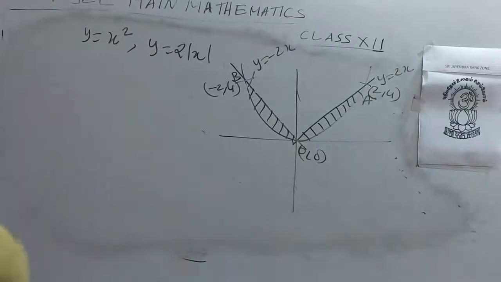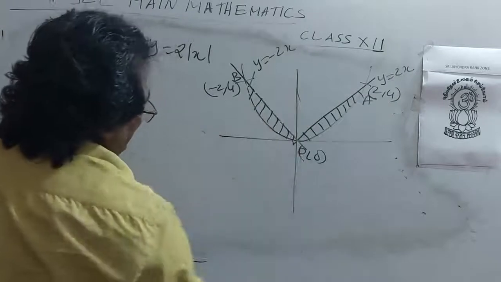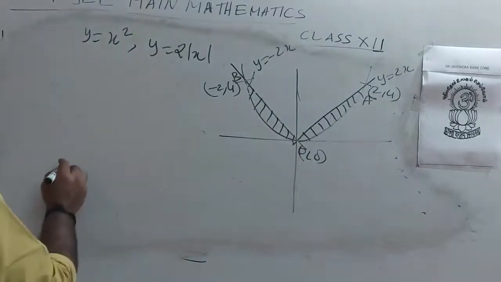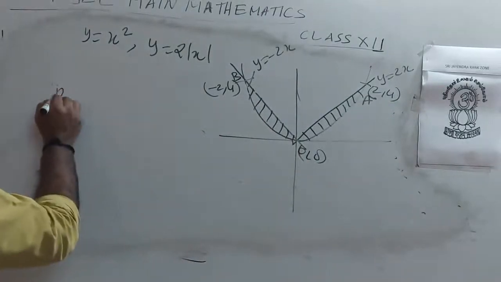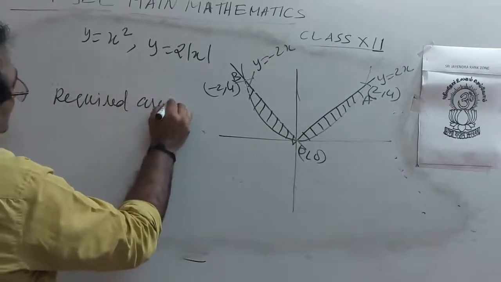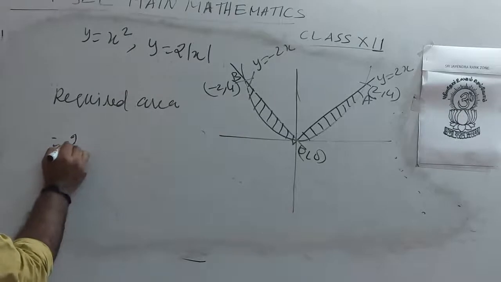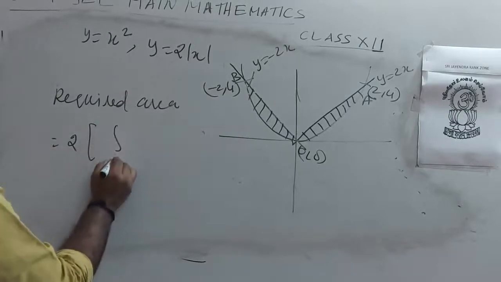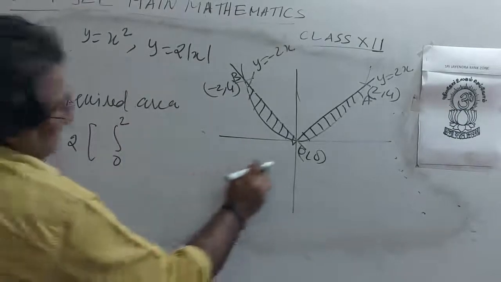So both A and B are symmetrical. This area and this area will be same. Required area equal to 2 times, x value 0 to 2.